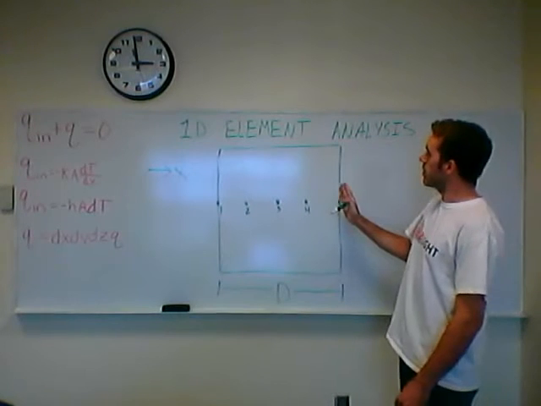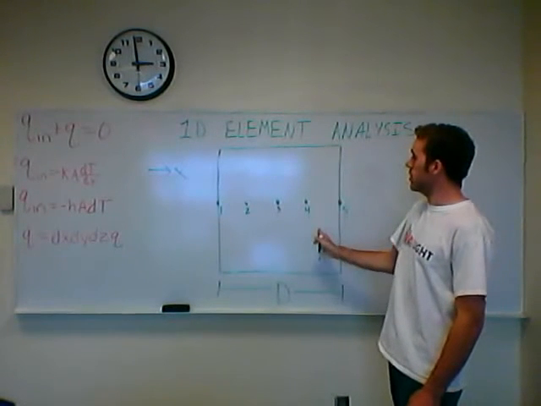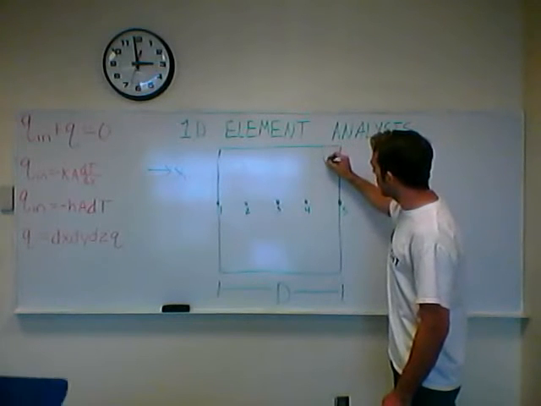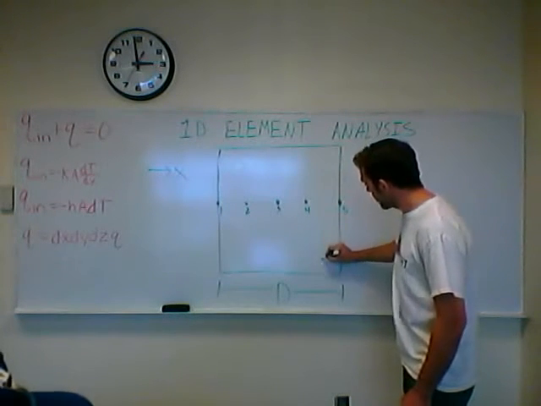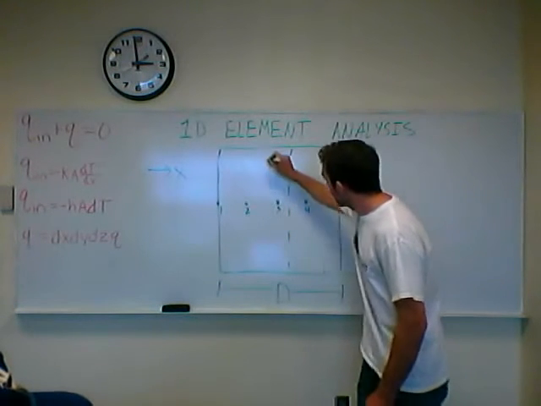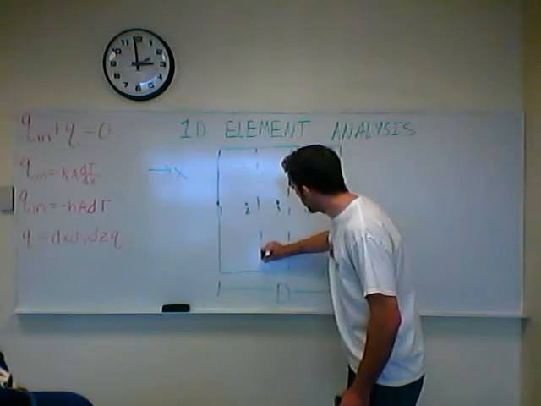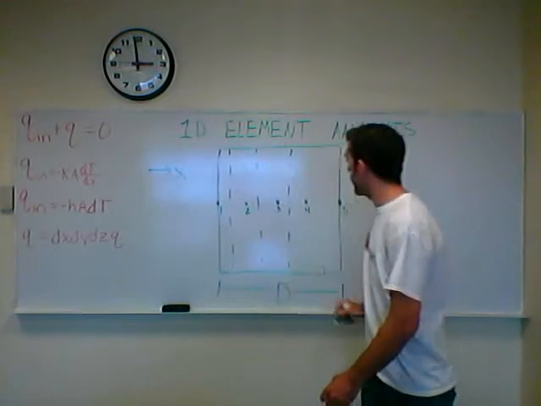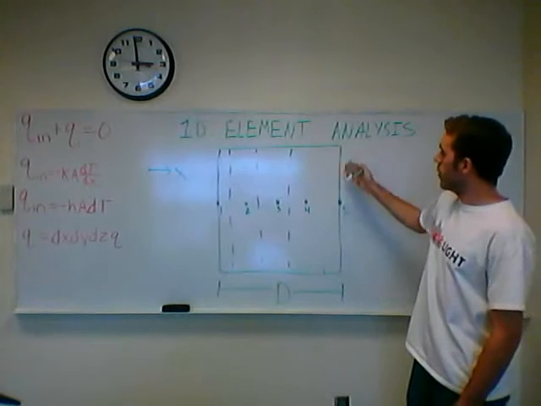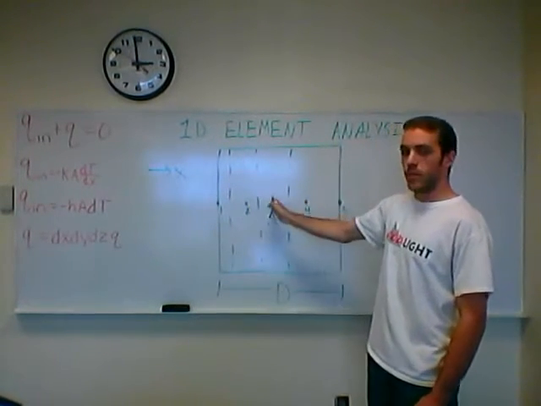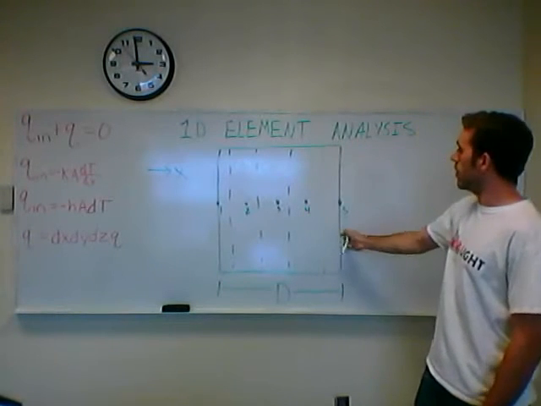The elements are going to be split up evenly distributed in between each node. So here you're going to have 5 elements: element 1, element 2, element 3, element 4, and element 5.